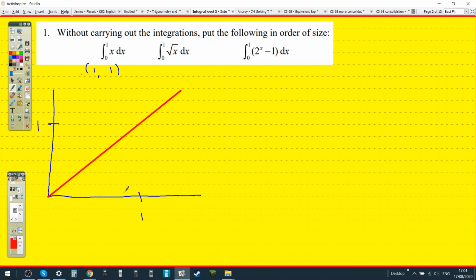I think it's going to be like that, where it slowly levels off. I don't know if that's right. And the last one, 2 to the x minus 1. I don't know what it's called, but it's that one that's like this. So that's exponential.